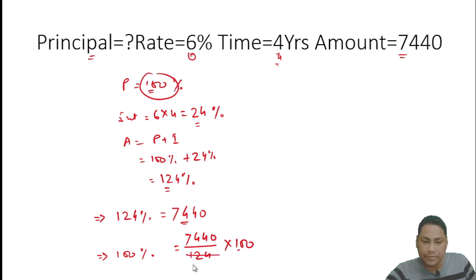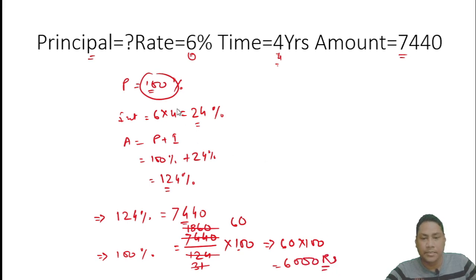This will become 31 and 1,860. Then dividing further by 31, it becomes 60, and now this is 60 multiplied by 100, this is 6,000 rupees. So the principal amount is 6,000 rupees.